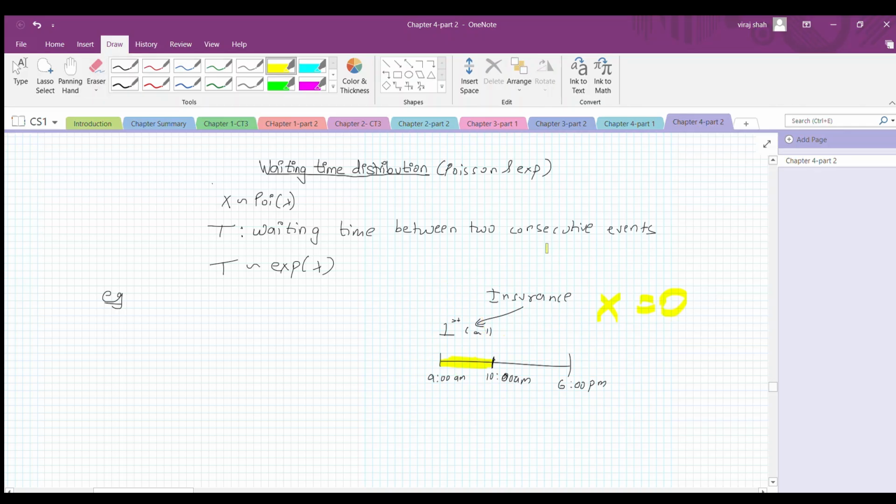So if my calls follow a Poisson distribution with parameter 20, so basically I receive 20 calls in a day, then my waiting time between two events is nothing but exponential with the same parameter 20.